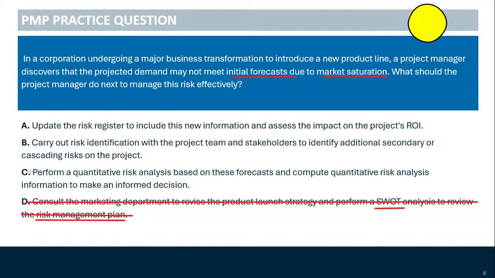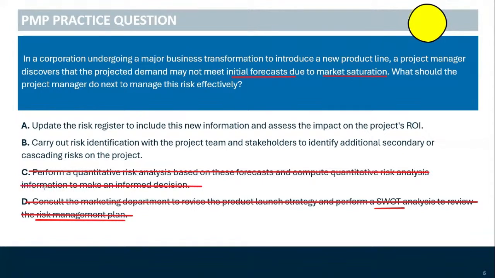Instead, it would make sense to do some qualitative risk analysis, but that will come on the heels of at least putting that in the risk register. So C is not the best option. We're going to cancel that.